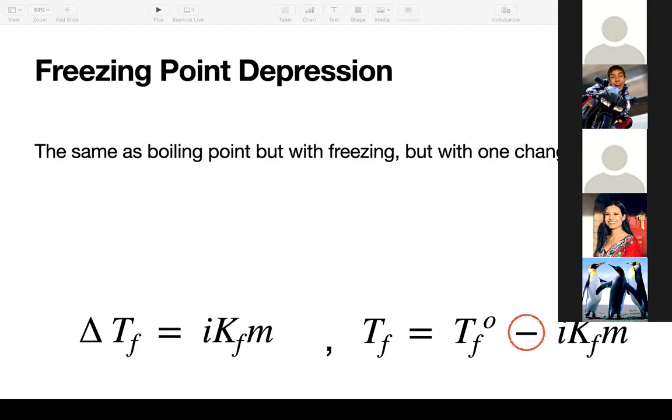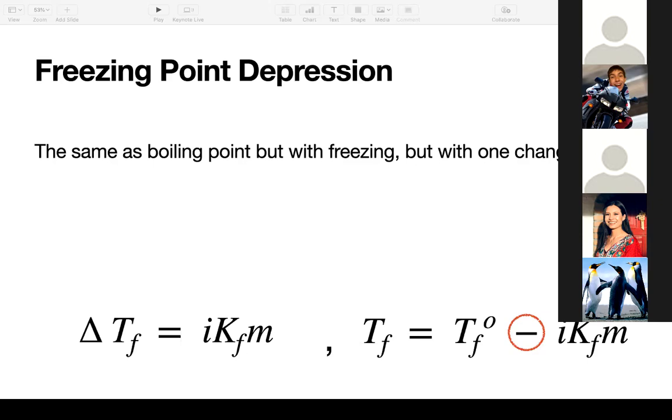It shouldn't be too hard to remember, because depression insinuates that we're going down, so it makes sense to have a minus sign as opposed to the plus. K is our constant. Each substance has its own Kb and Kf. Those are our two equations for freezing point as well as boiling point.